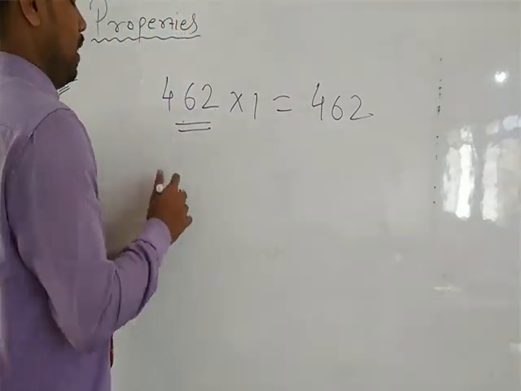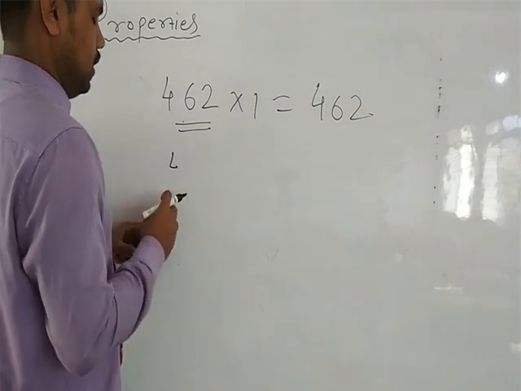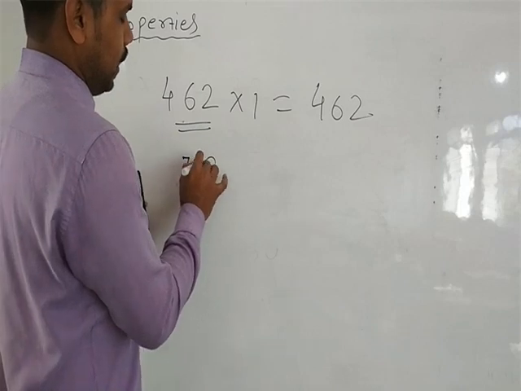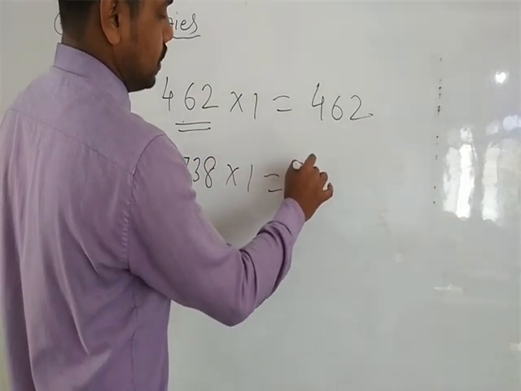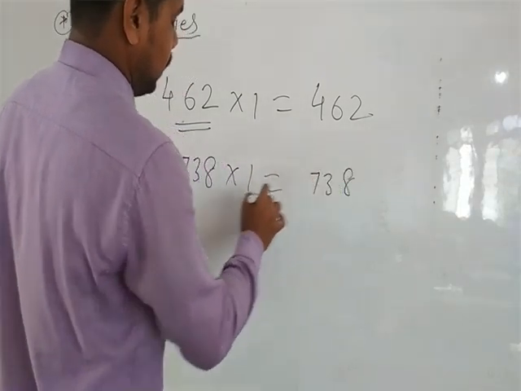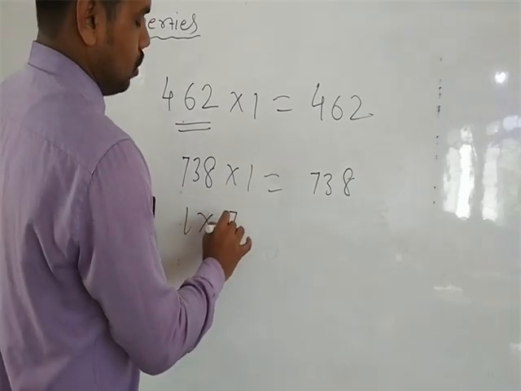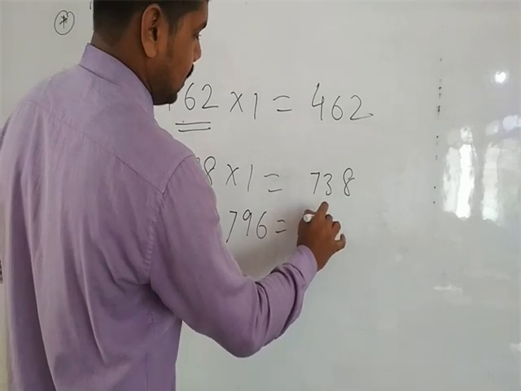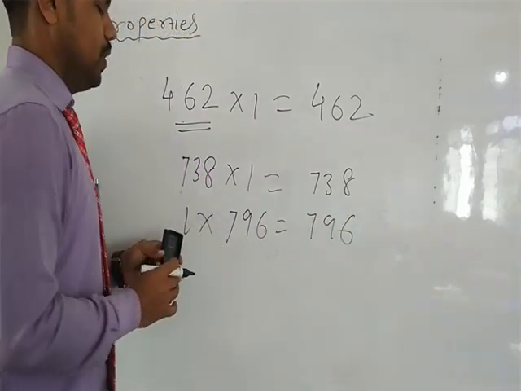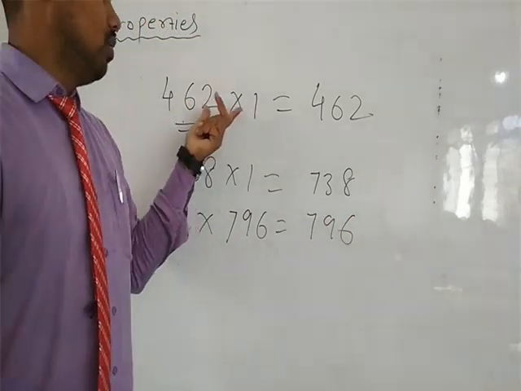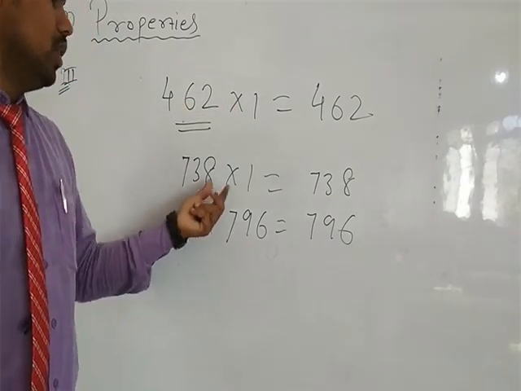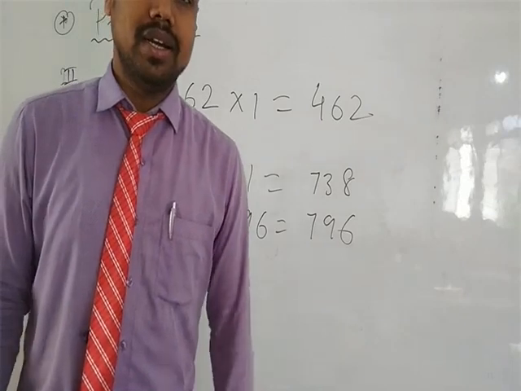Let's take another example. 738 multiply 1, always it will come 738. 1 multiply 796, always 796. If you multiply 1 with any particular number, or any particular number with 1, the result will come that number itself.